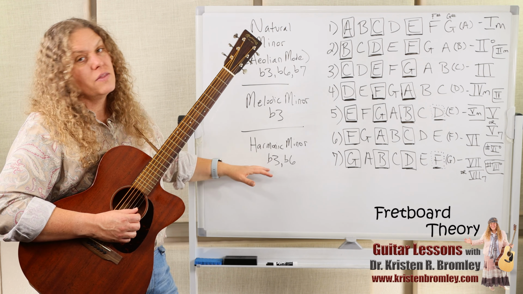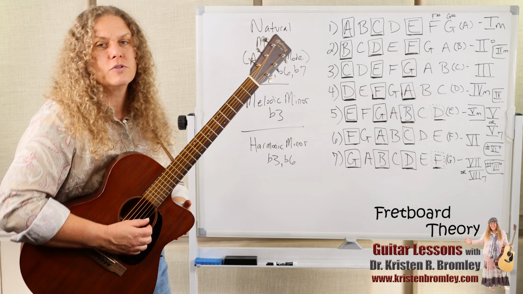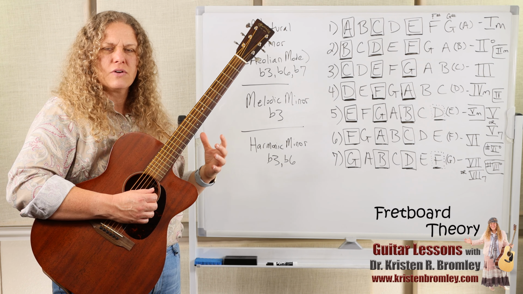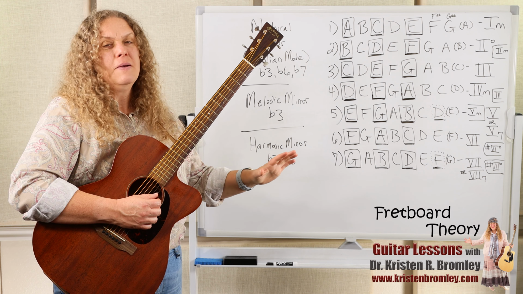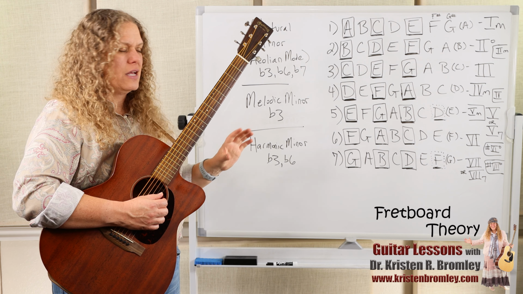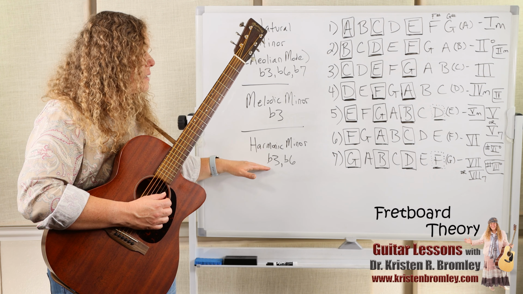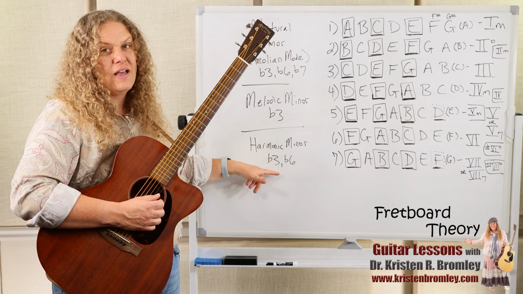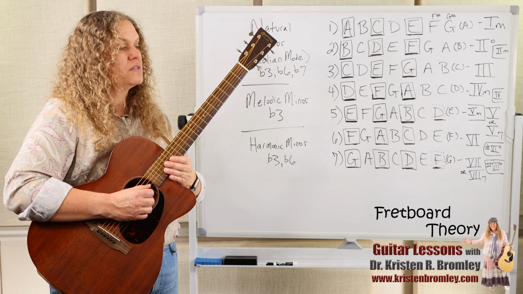Now, we also have one other one that sometimes creeps in. Sometimes we'll play modally in minor keys and we'll use other minor modes, but I'm not going to get into all that here. It's not necessary. But sometimes the harmonic minor, which actually has a flatted third and a flatted sixth, but a natural seven.